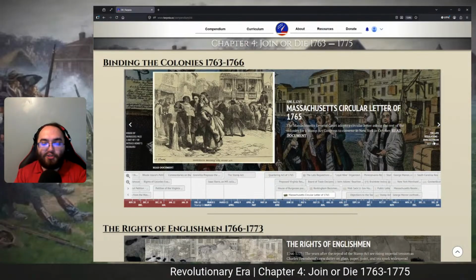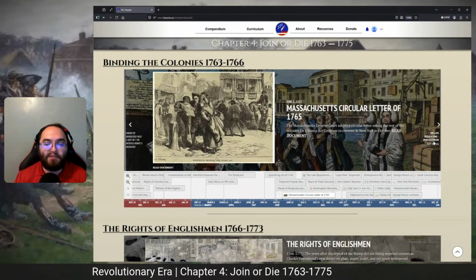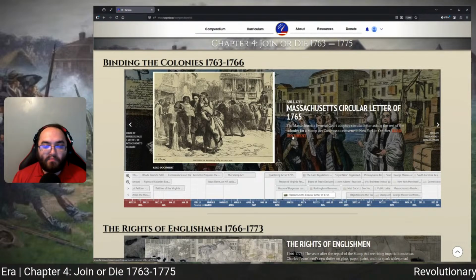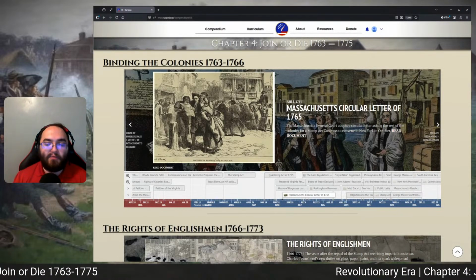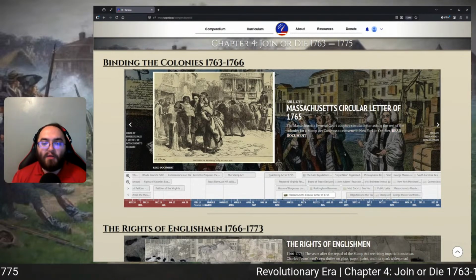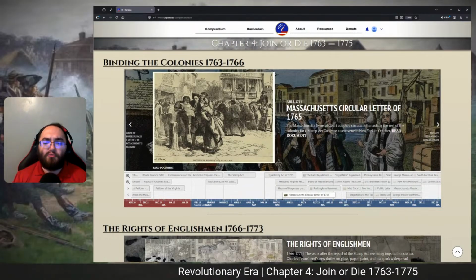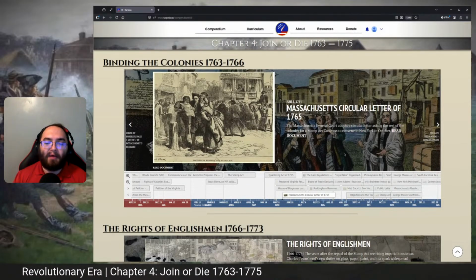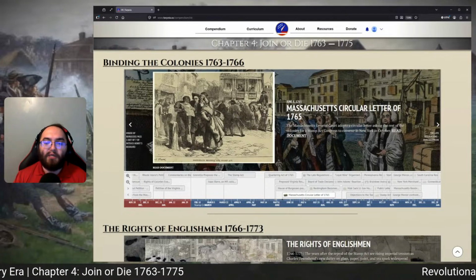Here is the Massachusetts Circular Letter of 1765, and we don't have an image of it, but we do have the text of it. And this is the Massachusetts General Court adopting a circular letter asking the rest of the colonies for a Stamp Act Congress to convene in New York in October.